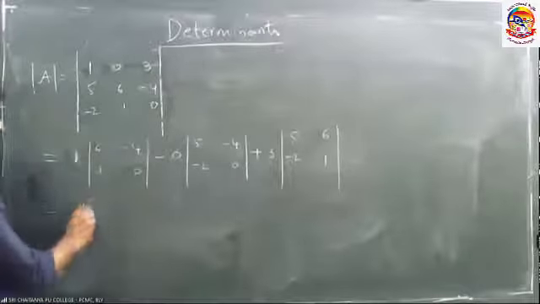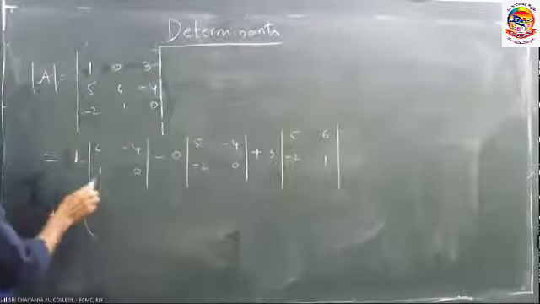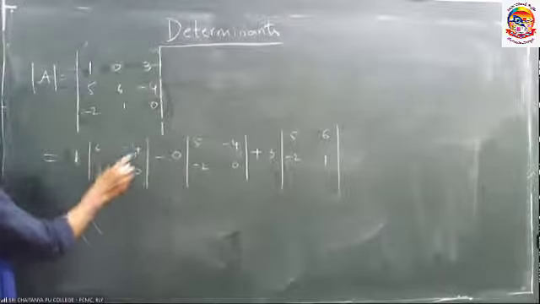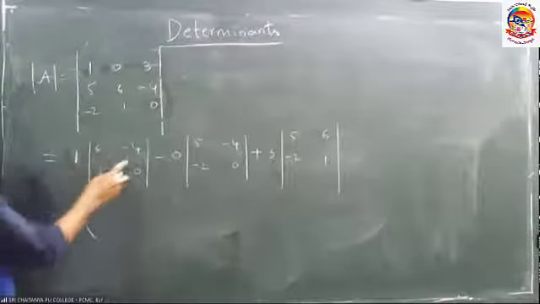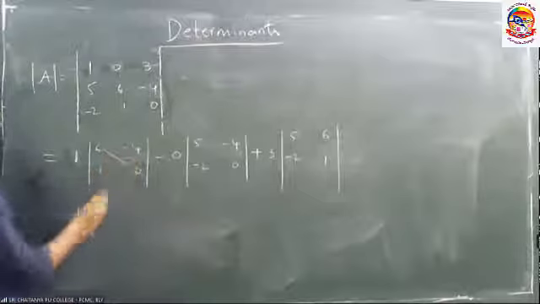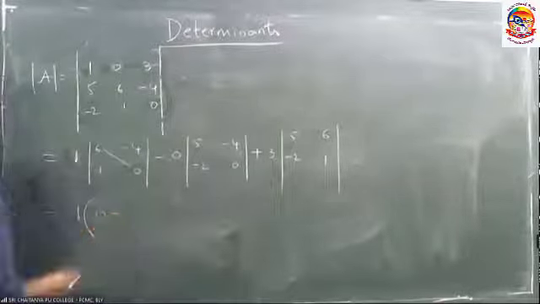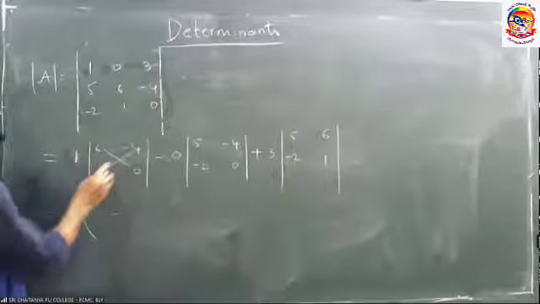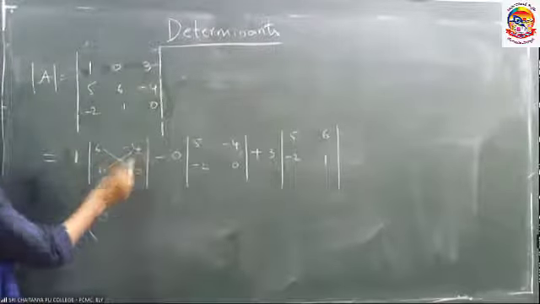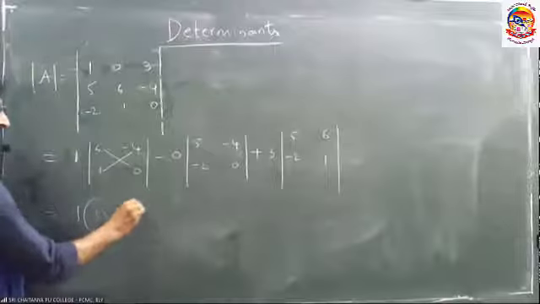1 into, this is det of A, B, C, D. Again, A, B, C, D, AD, 6 into 0, minus BC, 1 into minus 4, minus of minus, positive.